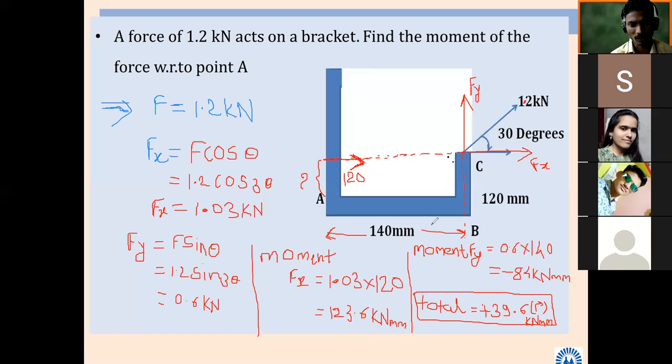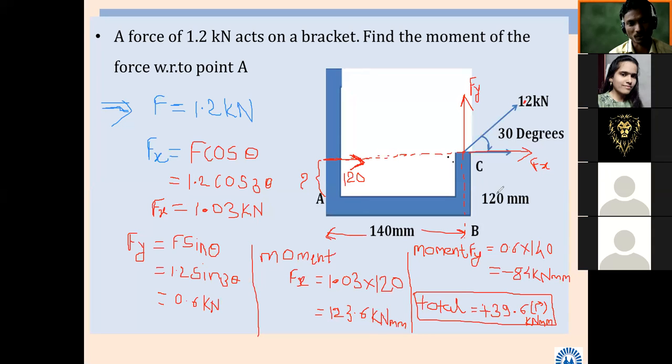Again and again I am telling, one mistake will cost you maximum marks. Otherwise, you may feel you have solved all the problems in the exam, but you get a bad result. That's why you have to be careful right from the beginning.